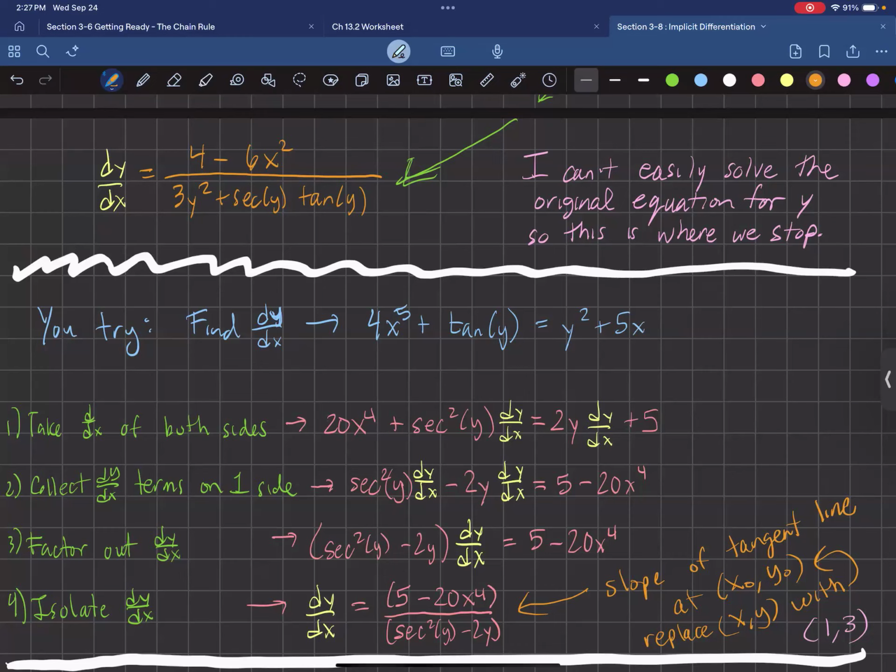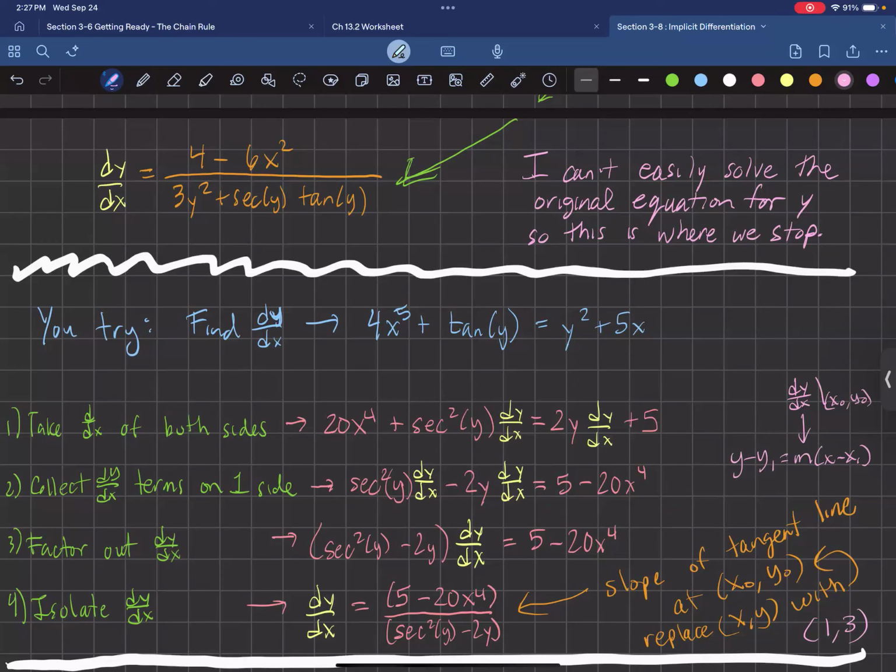Now, in the book, there's another section in 3.8 that says doing it to find the slope of a tangent line. I didn't make a video on that because we're going to do 3.7 here using implicit differentiation in the next video. So a slope of a tangent line at x naught, y naught, it's just replacing the x and the y with the values, and then you have the slope, and then you go back to doing y minus y1 equals m times x minus x1, where m is dy dx evaluated at x naught, y naught.